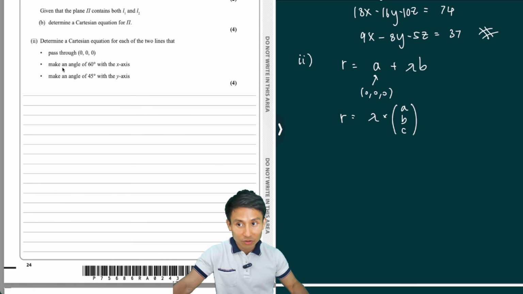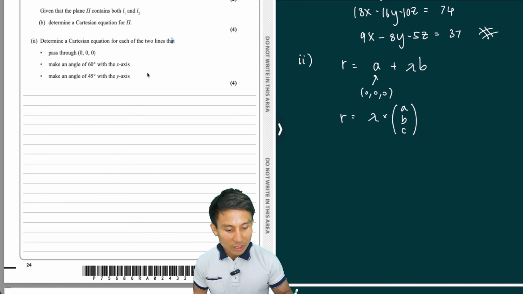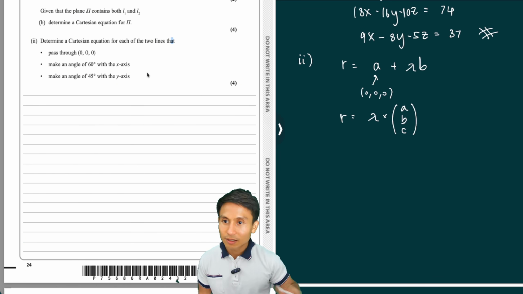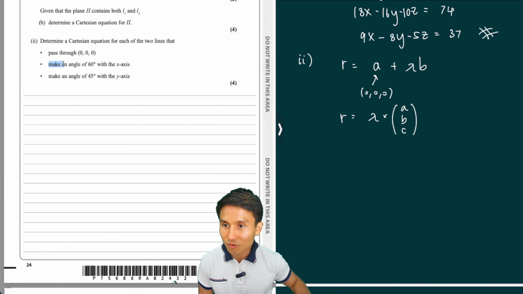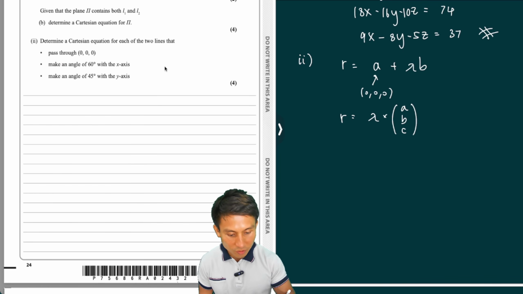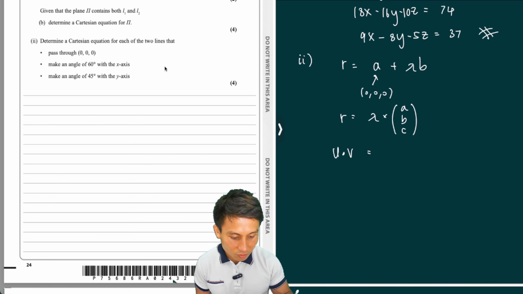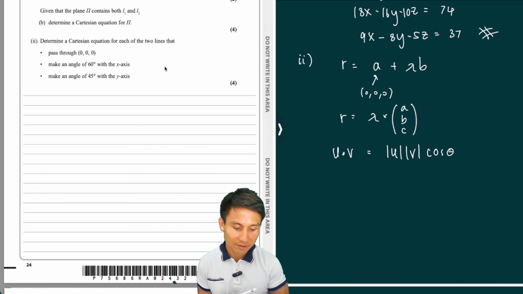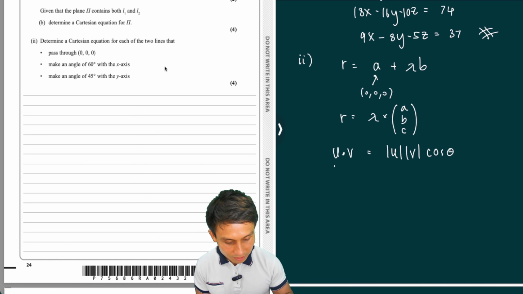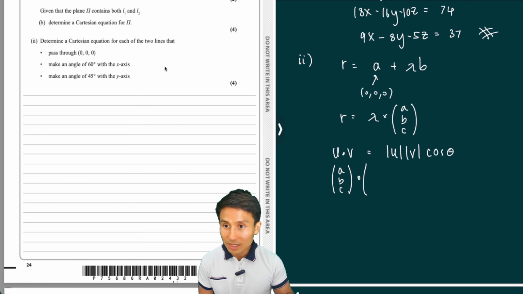And then we're going to use the other two pieces of information, which are actually very important. We use the direction vector, and when it is dotted with the x-axis, we're going to get 60 degrees. So we're going to use u dot v equals modulus u modulus v cos theta. So u is just a, b, c dot the x-axis.